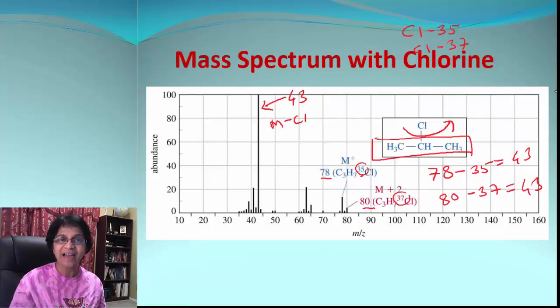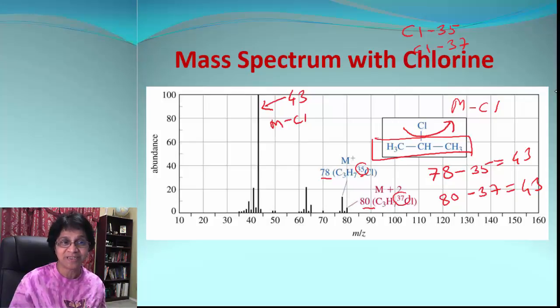This chlorine can actually come off. And if chlorine comes off, the peak which you're going to get is the molar ion peak minus the chlorine peak. If your molar ion was 80 and chlorine was 37, it will be 80 minus 37, giving you 43.